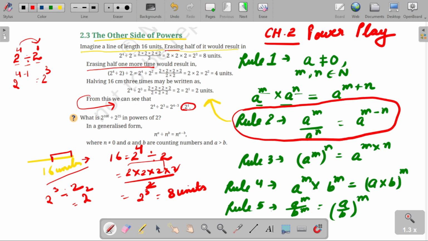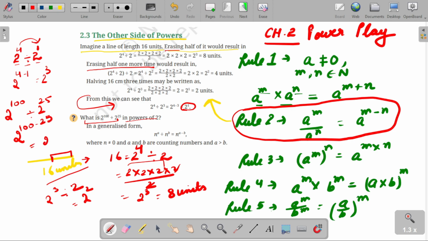Okay, they have given us another question: if you have 2 raised to power 100 divided by 2 raised to 25, you need to express it in powers of 2. This is simple. 2 raised to power 100 divided by 2 raised to power 25 means 2 raised to power 100 minus 25.